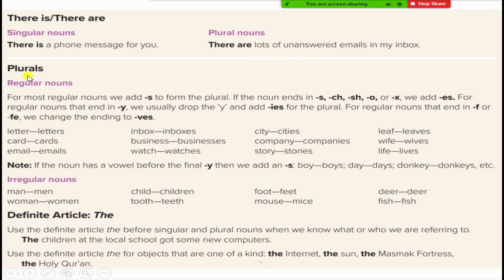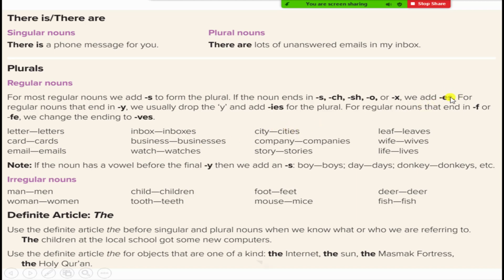Plurals, the regular nouns. We have regular nouns and irregular nouns. With regular nouns, we add s to the noun to form the plural. For example, letter, letters, card, cards, email, emails. In some cases, we add es.